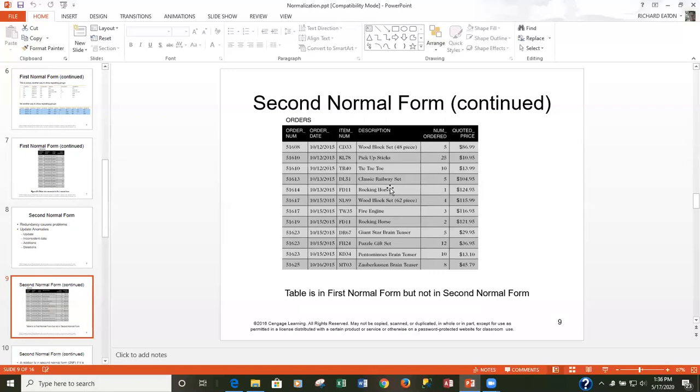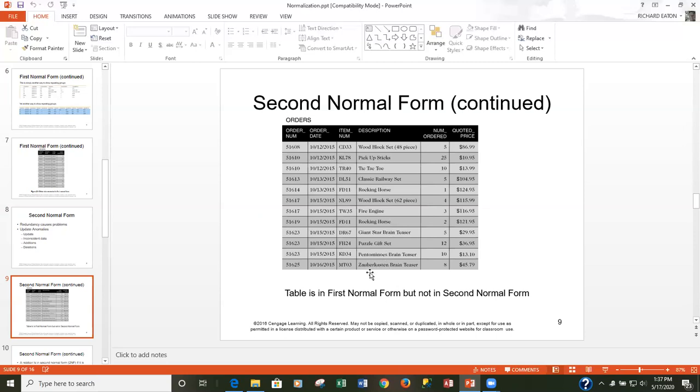So the rocking horse in this case might not match exactly the rocking horse in this case. And that seems pretty easy to type, rocking horse. But imagine you have thousands of records and maybe even a 1,000 orders in a given day for a particular item. Let's say that item is this one down here.